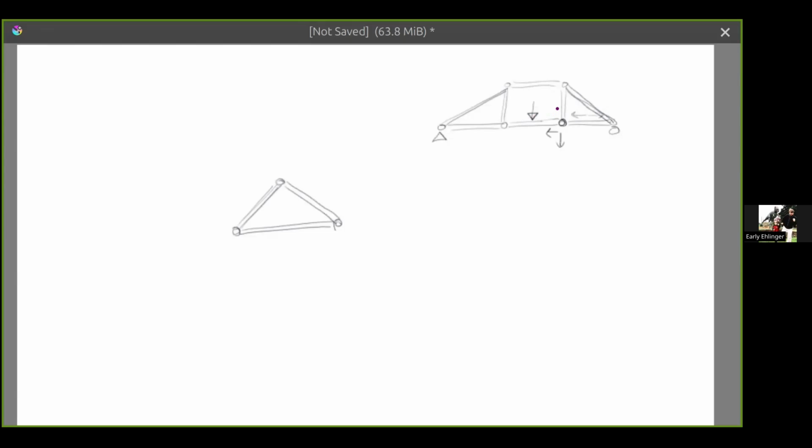Just like with a beam, we can have forces applied inside members or at nodes. We can have both horizontal and vertical forces.